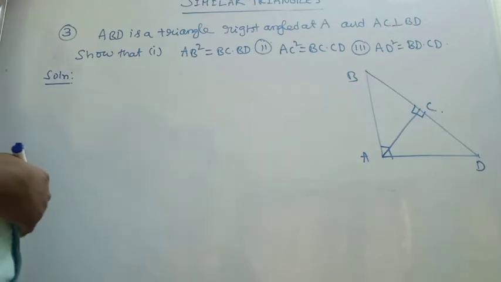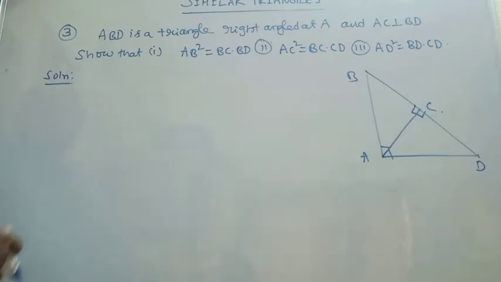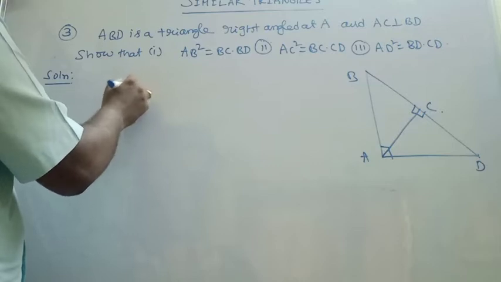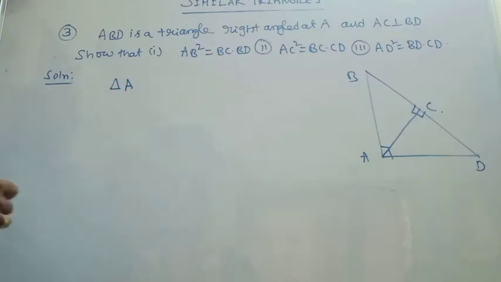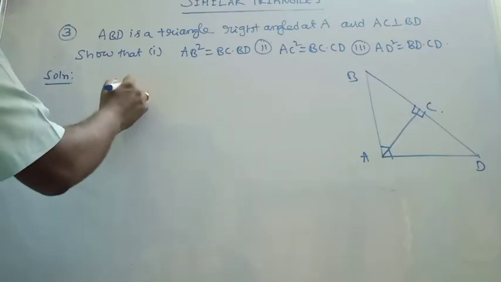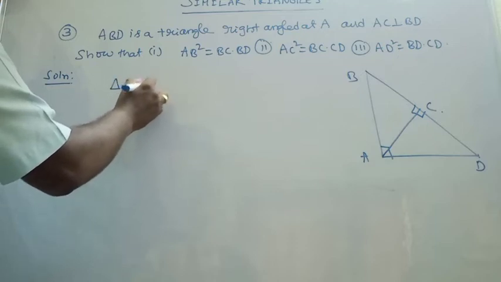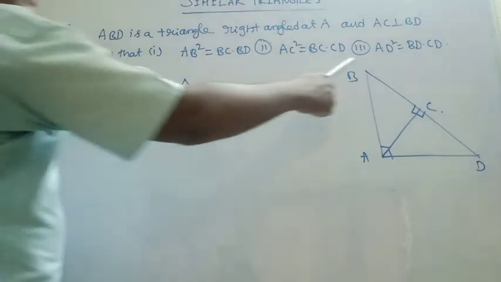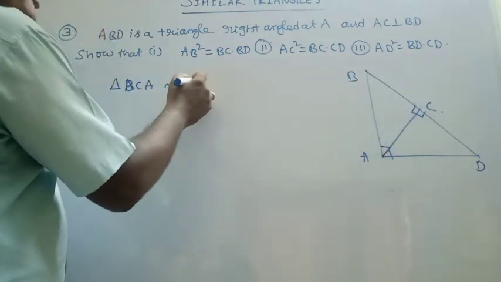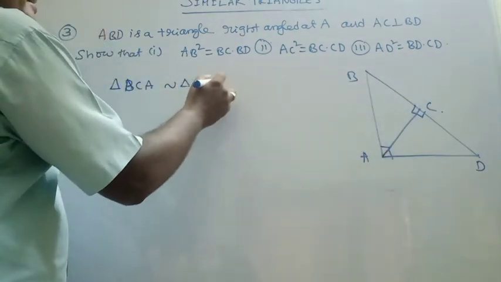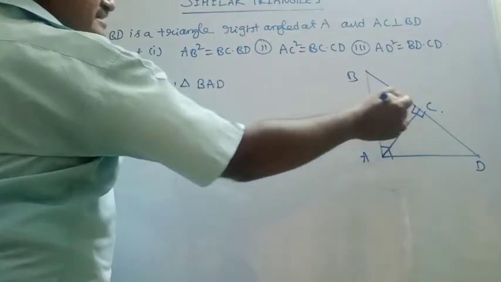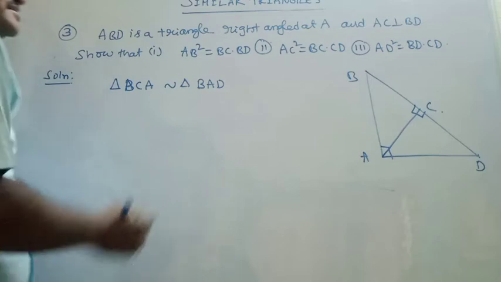Here, I will say that triangle BCA is similar to triangle BAD, because by AA similarity, angle B equals angle B, angle C is 90 degrees, and angle A is 90 degrees.